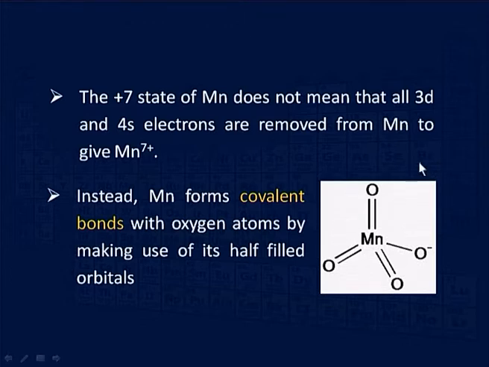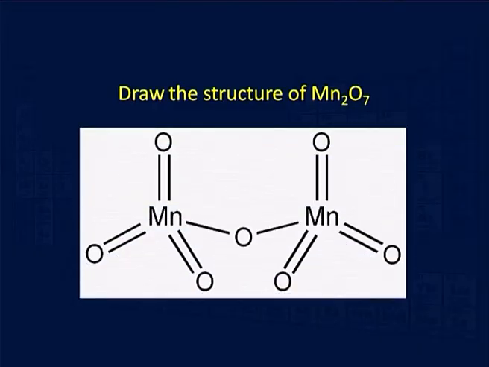So, this is the structure of the manganate ion in which manganese is bonded to oxygen. If I give you a task to draw the structure of permanganate ion, how will you draw it? This is the structure of the permanganate ion, in which two manganese atoms are joined together by an oxygen, with one oxygen common.